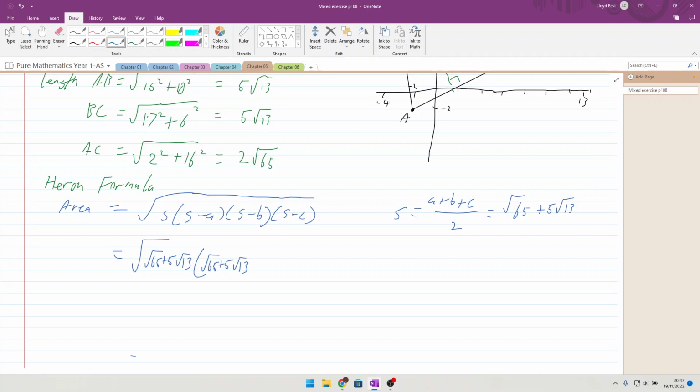okay, minus a, 5 root 13, minus b, which is 5 root 13, minus c, which is 2 root 65.